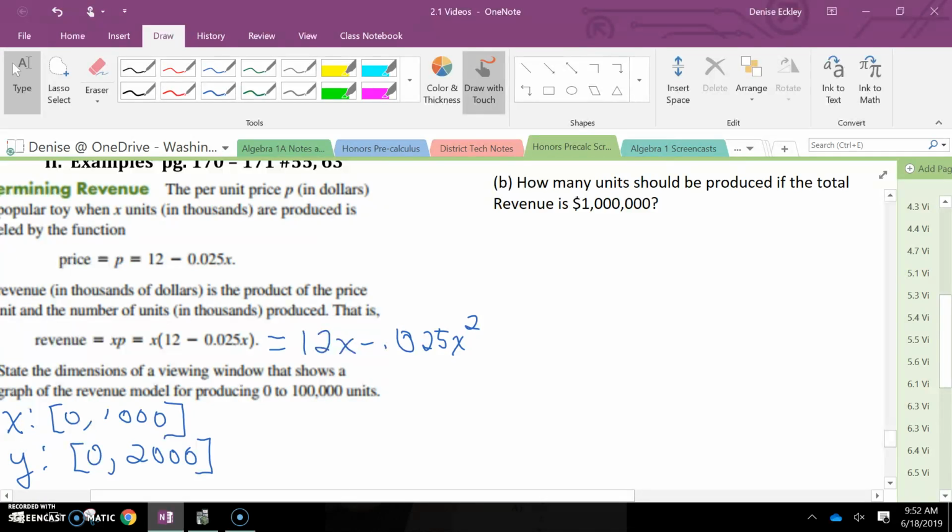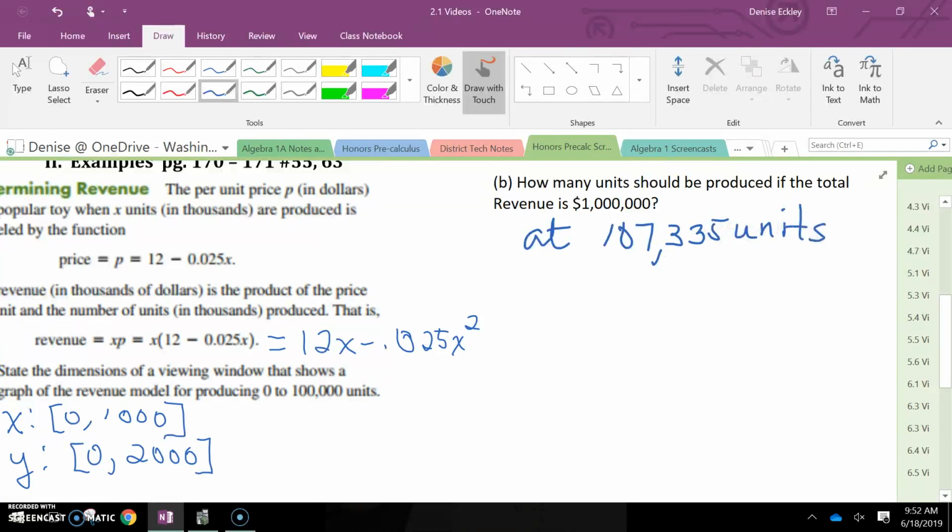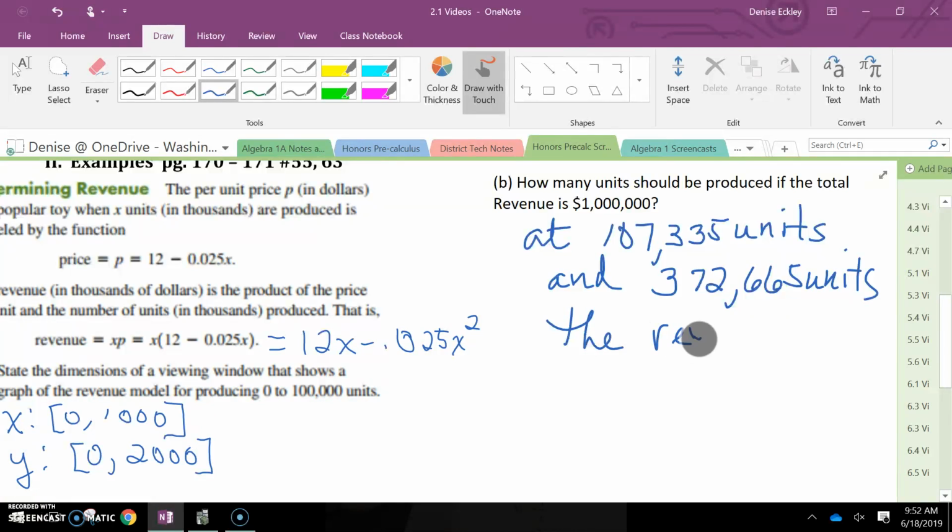So I'm going to say at 1,007,335 units and 372,665 units, the revenue is about $1 million.